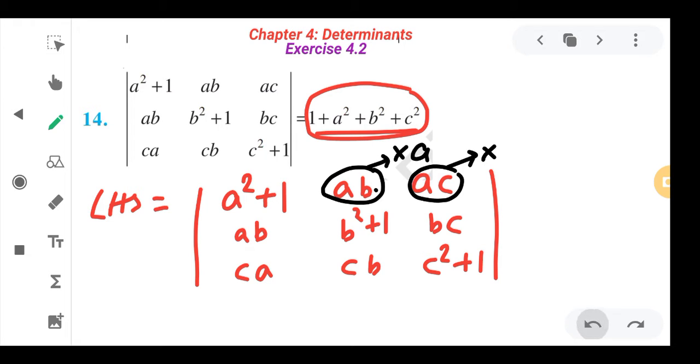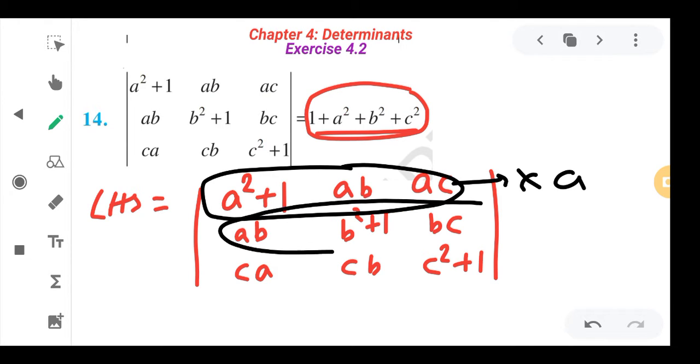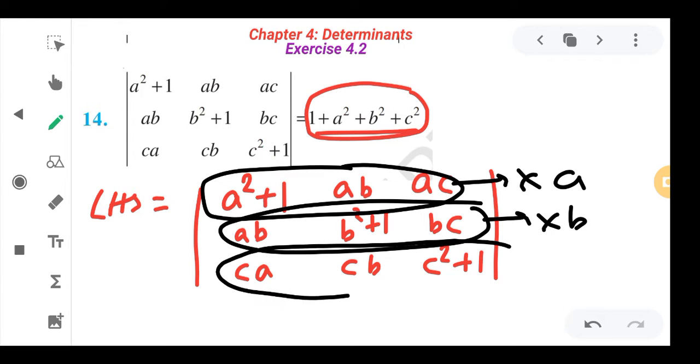So what I am going to do is multiply the first row with a, and similarly second row with b, and third row with c. Okay, I am going to do this step. I am going to multiply r1 with a, r2 with b, and r3 with c.